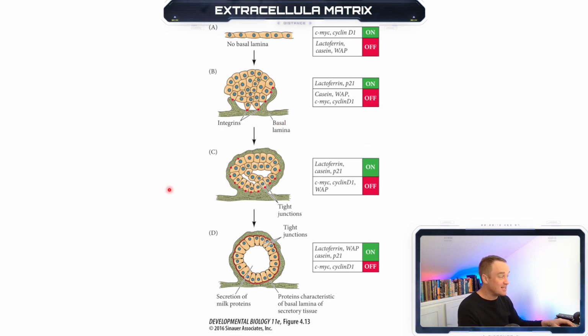When these cells are then moved from a plastic petri dish and placed on basal lamina, the genes for cell division proteins are turned off, so they don't divide anymore, and the genes that encode inhibitors of cell division, such as P21, are on. The gene for lactoferrin is also turned on.